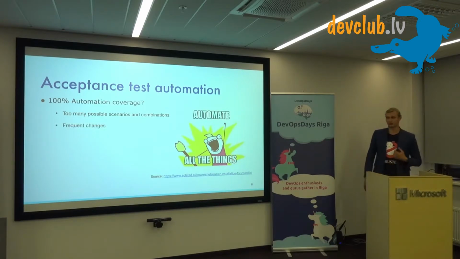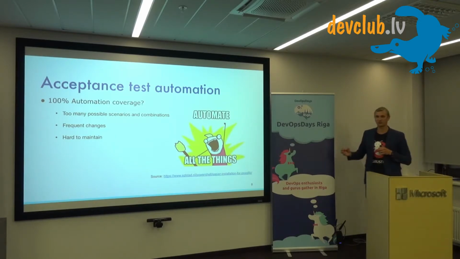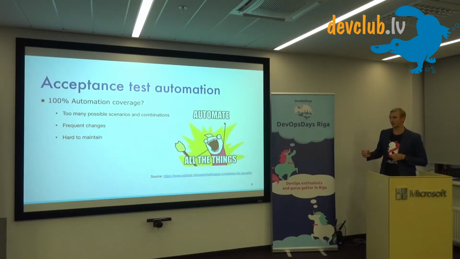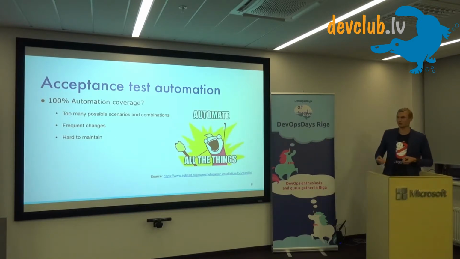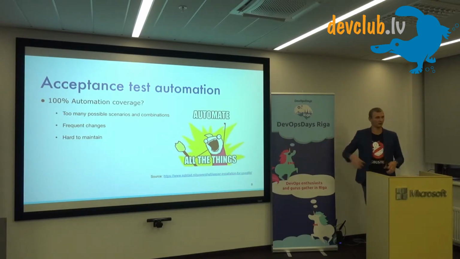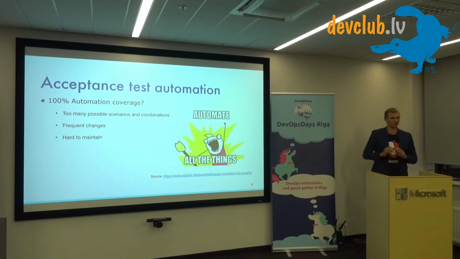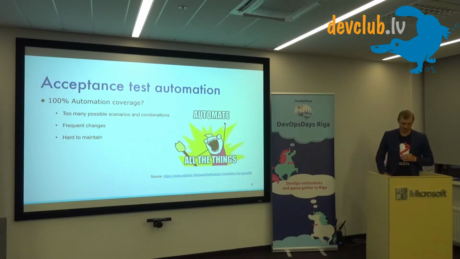Also, of course, in apps some parts change frequently, and when we have a huge set of automation tests, sometimes it could become very hard to maintain them, and I have seen automation engineers start to spend more time on fixing broken tests than writing new tests. And that's the worst part I have seen.